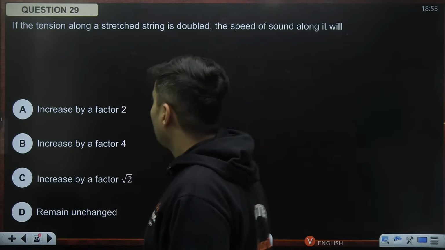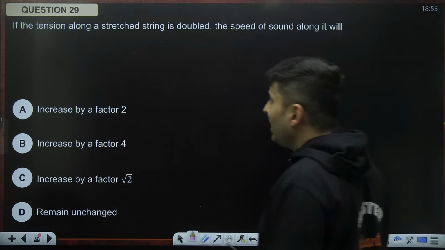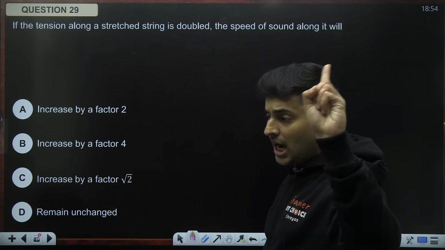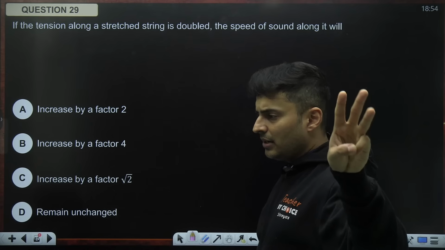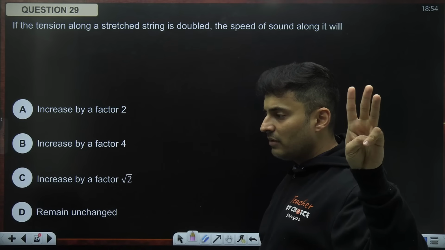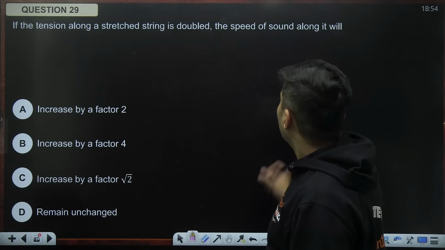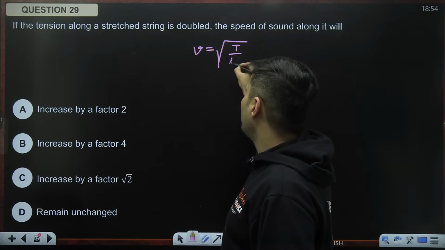The tension along a stretched string is doubled, then the speed of the sound along it will... So guys, accuracy. What did I say? Accuracy is important. Your speed is important. And mistakes, any kind of silly mistakes, misreading, all these kinds of things. These three things are very important to save your marks in an AEEE kind of exam. The speed of sound on a string is given by root of tension by mu.